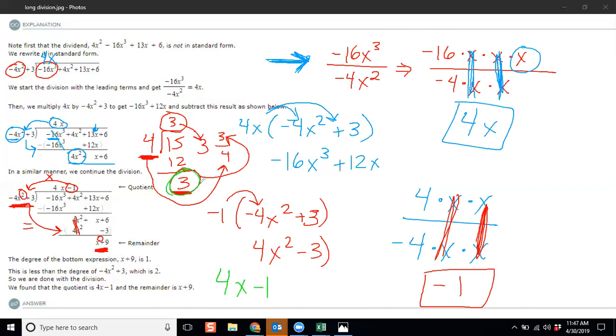Then whatever the remainder is divided by the original number. The remainder was x plus 9, and the original was negative 4x squared plus 3. So it follows the same pattern as what we had right here as far as where the numbers come from. This is your first answer. This is the remainder divided by the original.